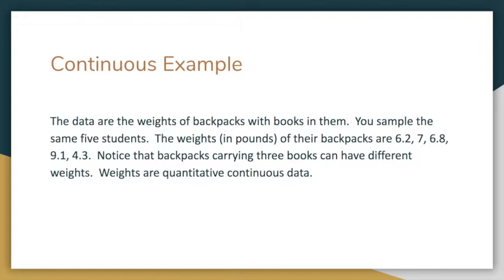So this would be a different type of data, right? We wouldn't be counting books, we'd be measuring weights. So here we get 6.2, 7, 6.8, 9.1, etc. We see that it's totally fine now to have decimal answers because weight is a continuous scale measurement.